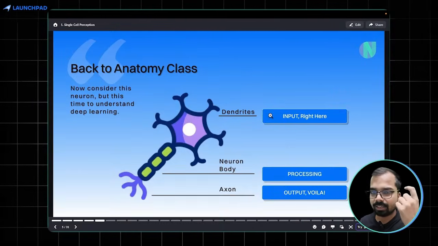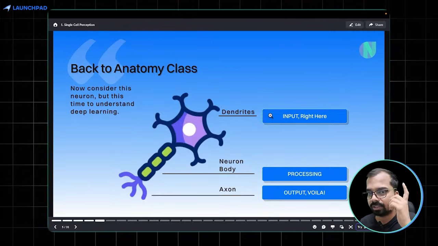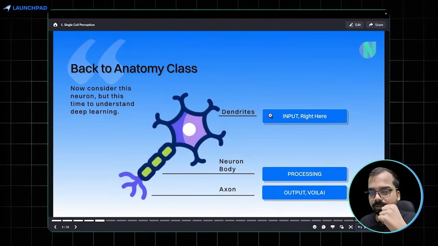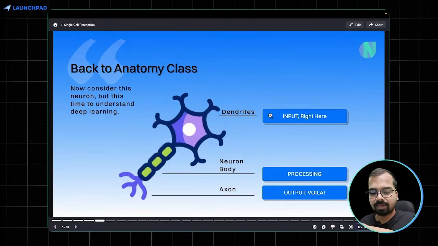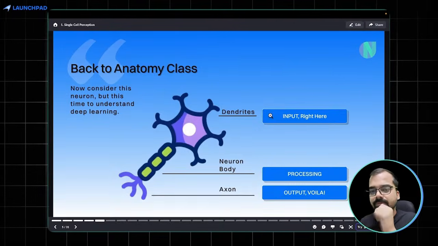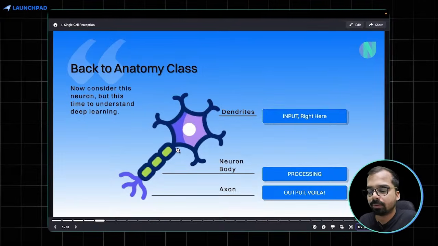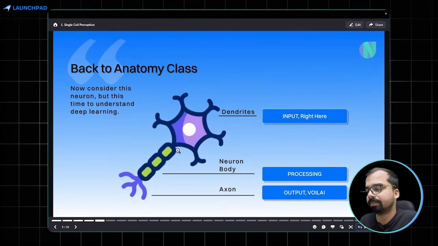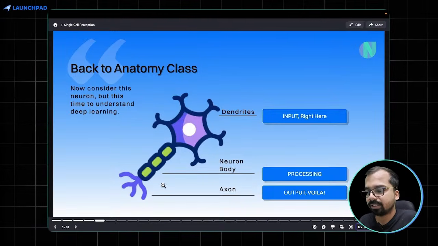Our eyes are connected with the dendrites of various neurons that take the visual information. Similarly via touch, and via our other senses such as the tongue. Then there is the neuron body, which does the processing. And finally, the processed output is sent via the axon.